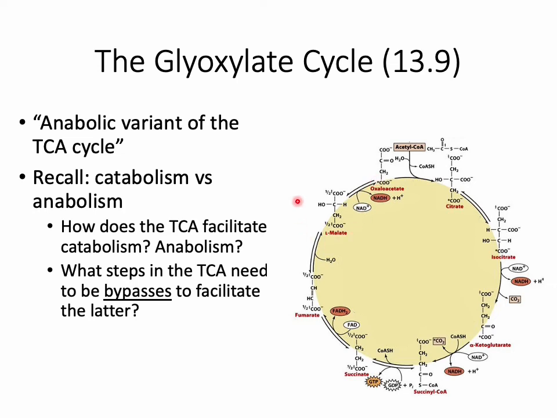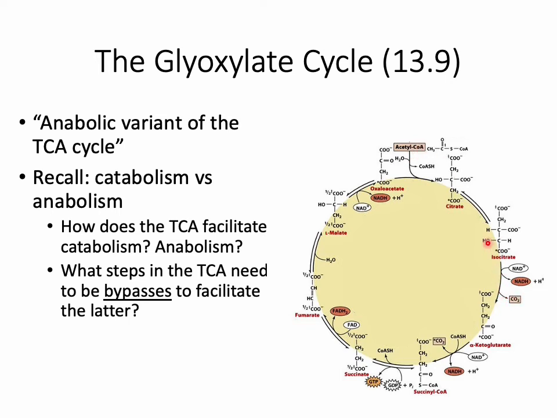This leads us to the second question: what steps of the citric acid cycle would we want to bypass in order to facilitate anabolic or biosynthetic pathways and reduce catabolism? We touched upon this topic briefly earlier. The catabolic function of the citric acid cycle is due to the fact that it breaks up acetyl-CoA into carbon dioxide.